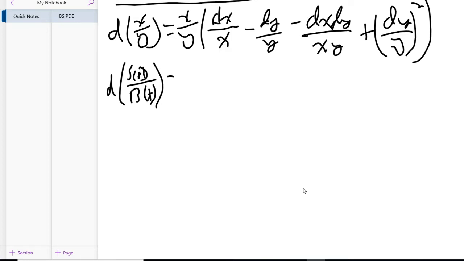Bond equals, so to fit this in, I'm going to drop the t's for right now.